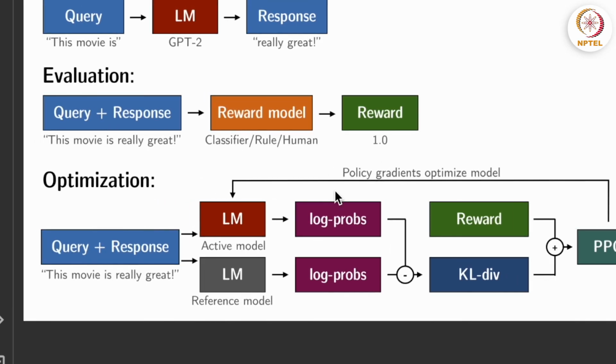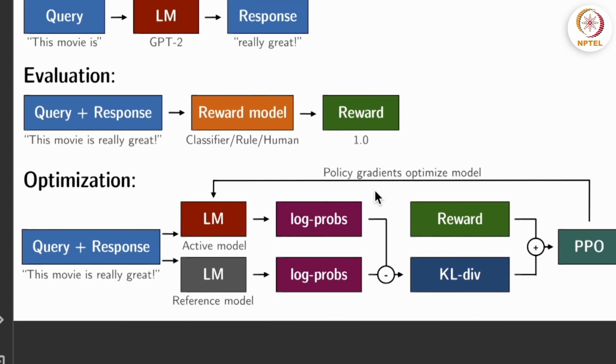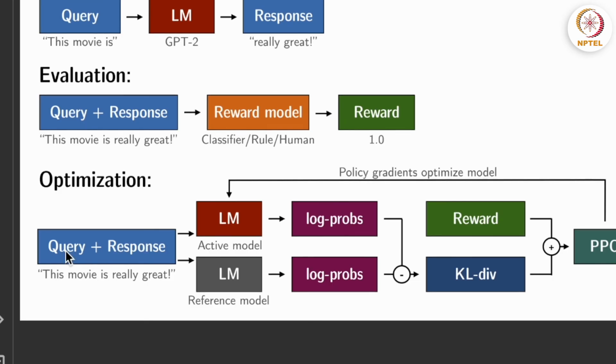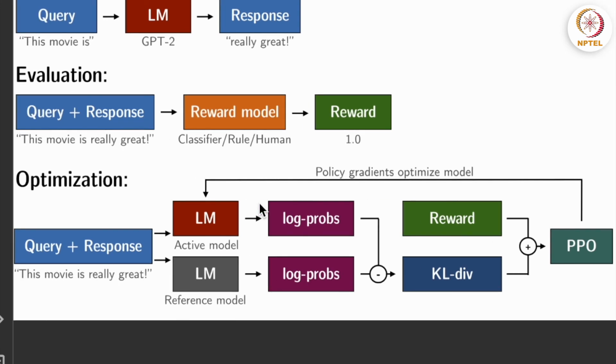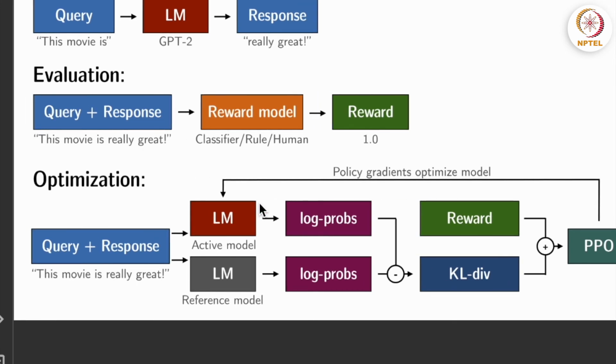After certain episodes, or we could also call it certain epochs, this active model, which is of interest to us, will optimize its gradients accordingly, and now it understands that for a given query it should always output the positive response. We call this phenomenon of learning through PPO reinforcement learning, and this is how RLHF also works under the hood.